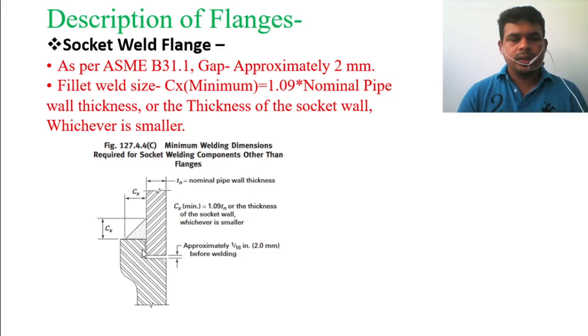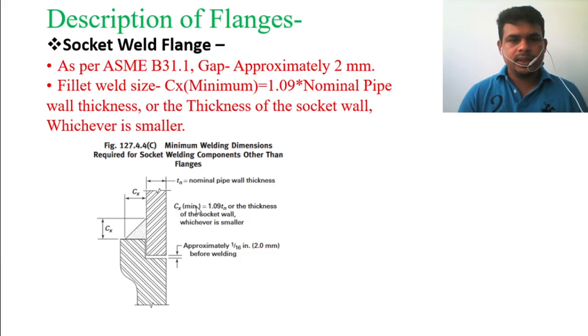You need to consider which value is smaller. If the pipe thickness times 1.09 is smaller, then you follow that for CX. If the socket wall is smaller, then you follow the socket wall thickness.